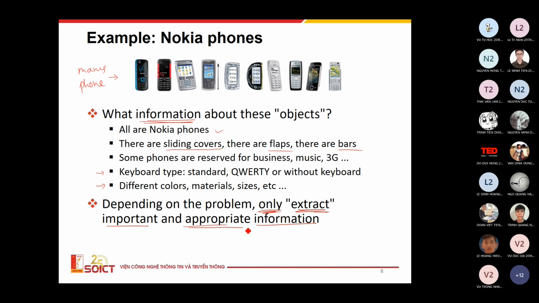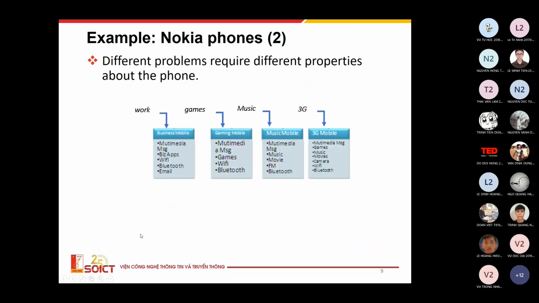Appropriate information may be more important than other information. For example, in different problems, you have some problem related to work, some related to games, some to music, and some to network connection. So you can describe the mobile phone, the Nokia phone, in different ways.